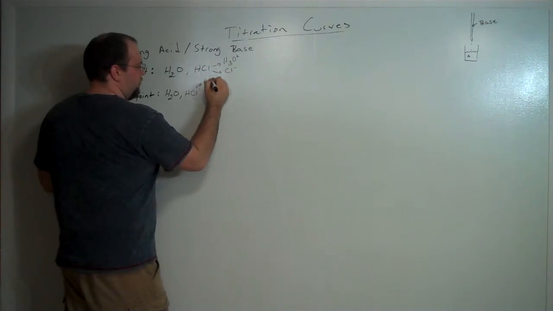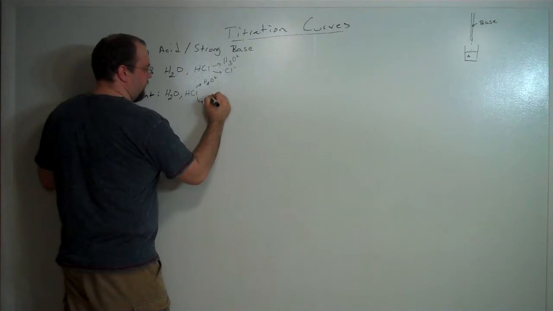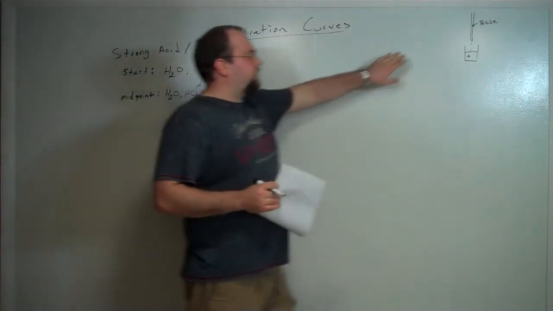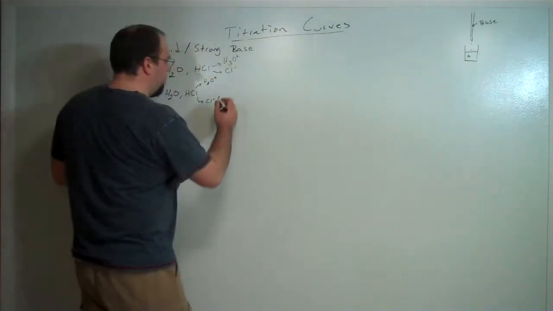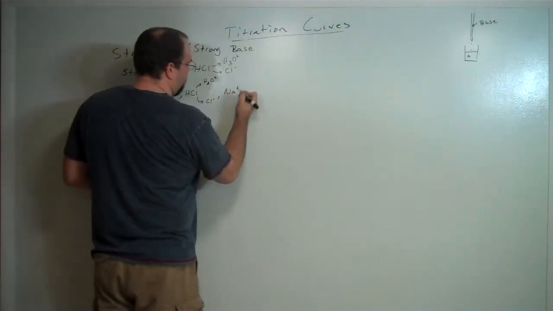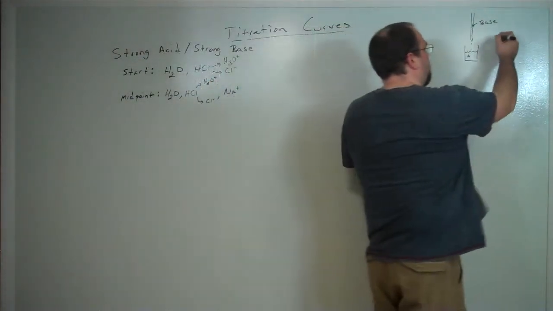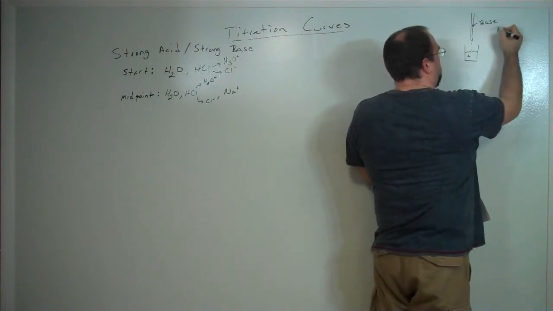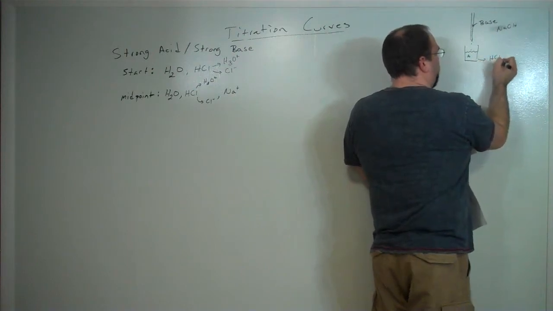It's really hydronium and chloride. And we've started adding some base in here. So we're going to have some Na+, because I'm going to say it's NaOH. Oh, that's horrible. NaOH. So my base is NaOH, and my acid is HCl.